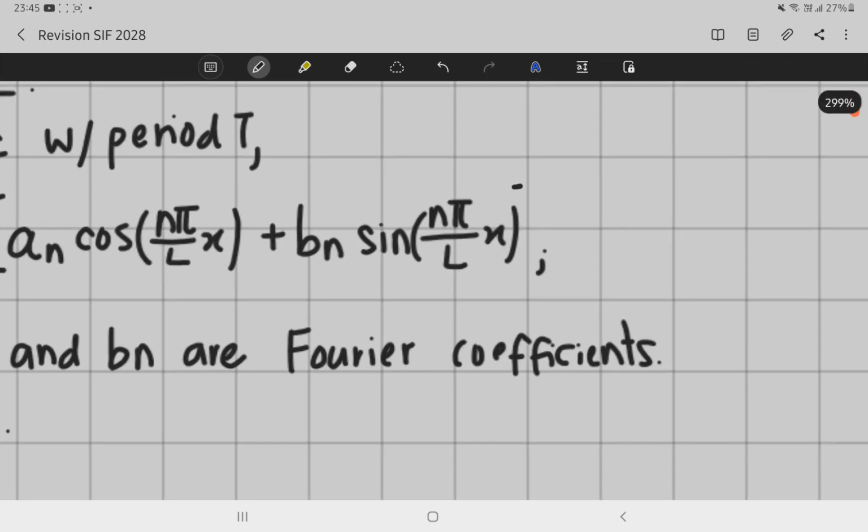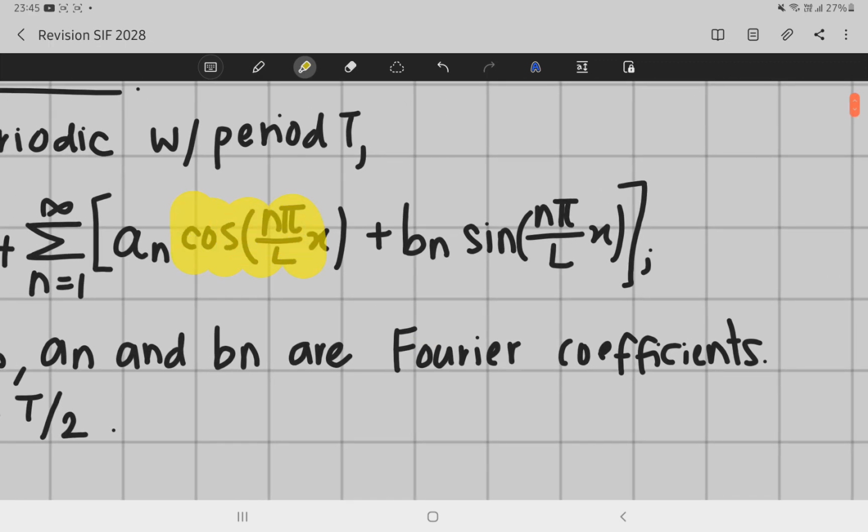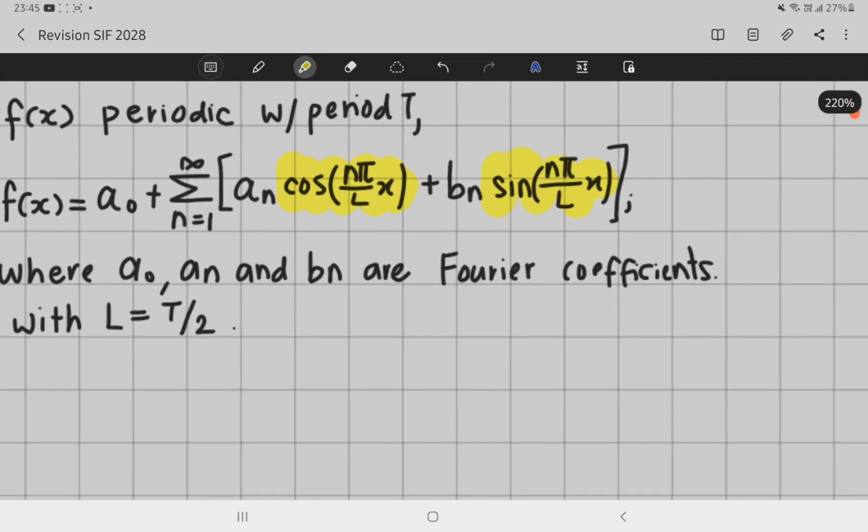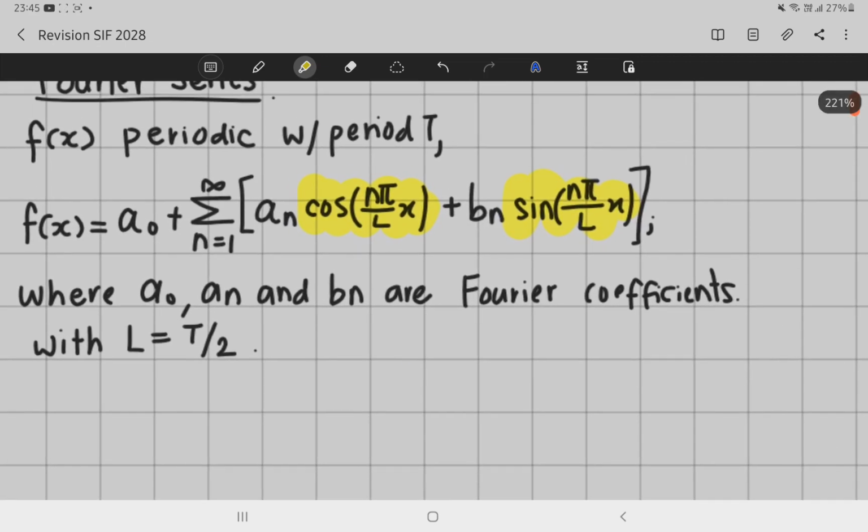But here we have a periodic series, because we have these sinusoidal functions, cos and sine, which are periodic. So for us to represent the function f of x, it must satisfy the first condition, which is that it has to be periodic with period T.